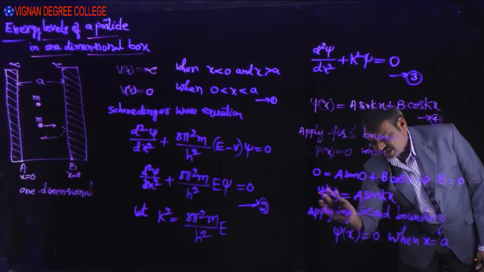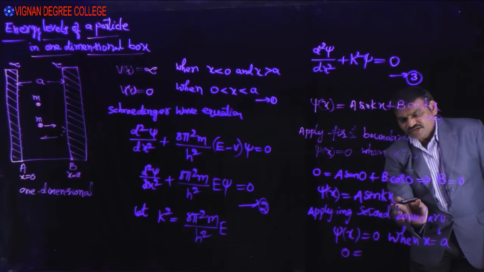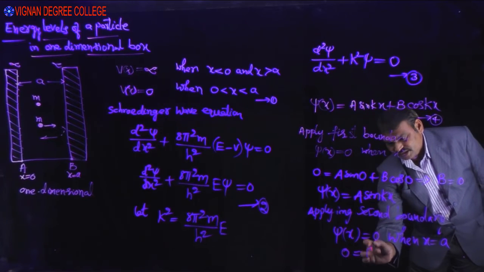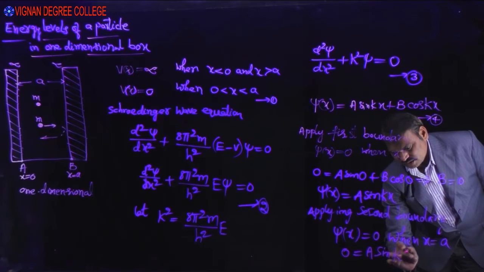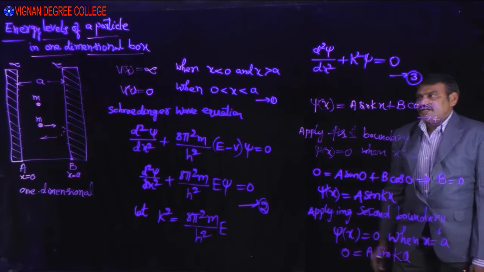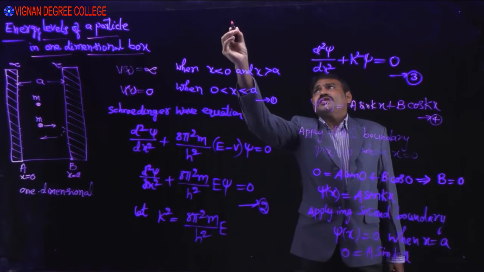On the left side psi of x is equal to 0, and on the right side x is equal to a, so a sin ka. Here 0 is equal to a sin ka.